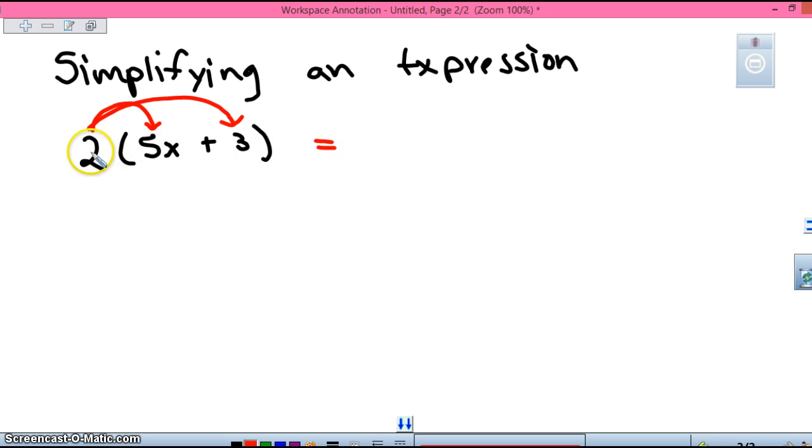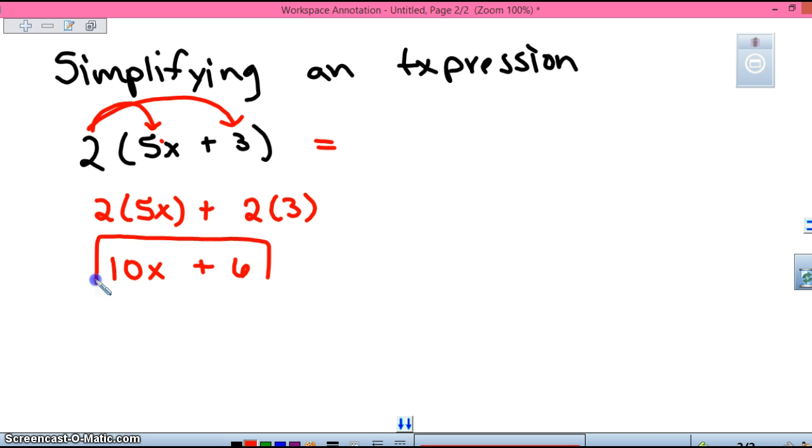This means we're multiplying 2 times 5x, so I write 2 times 5x plus 2 times 3. 2 times 5x is 10x. 2 times 3 is 6. I cannot add 10x plus 6, so my answer is 10x plus 6.